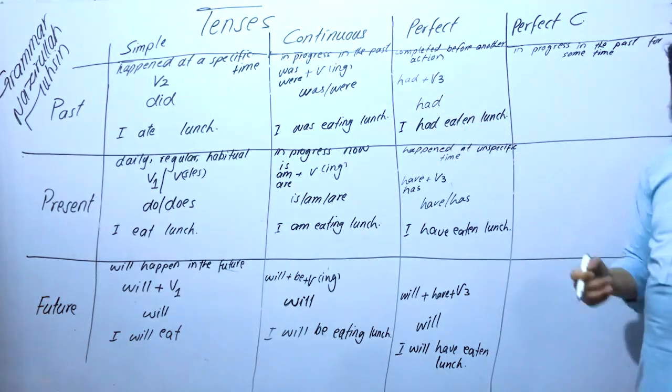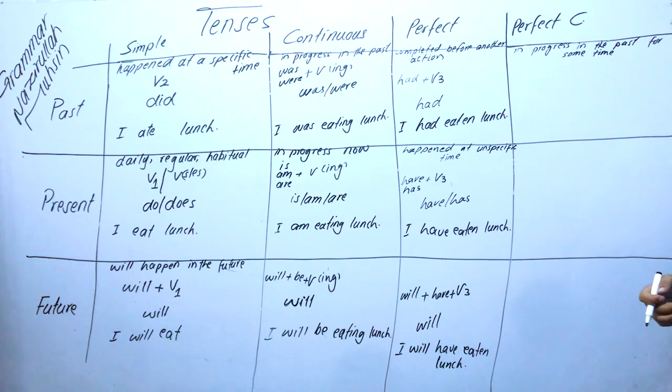Past perfect continuous. This is related to progress and ended in the past for some time. It started and continued for some time, then ended. شروع شو یو څه مودې لپاره جاري وو بیا ختم شو. So this is related to an action before another action. It started in the past, continued for some time in the past, and ended before another action in the past. بل عمل نه مخکې complete شو.